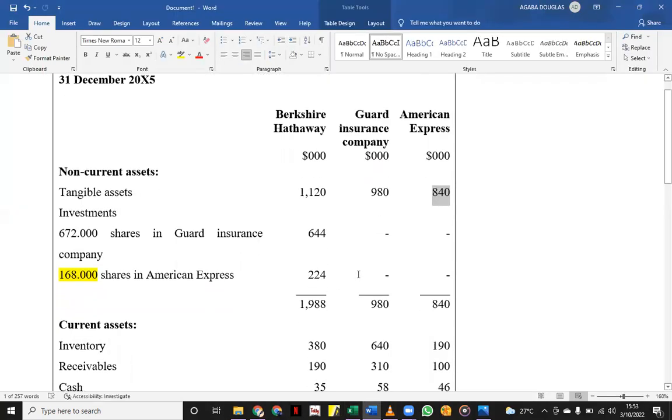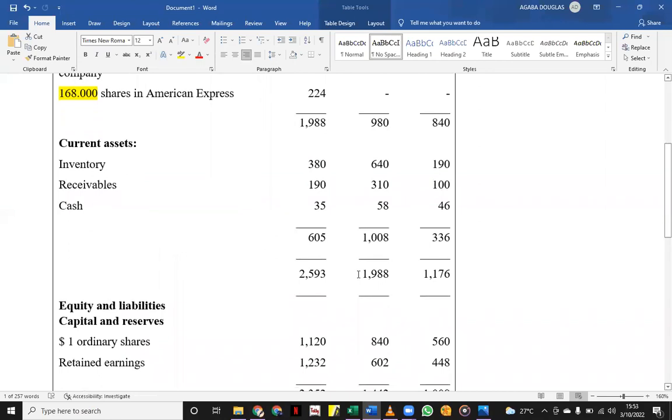So we will come and I will get to our current assets. So you are going to include the inventory, the receivables, and cash. So 380,000 plus 640,000 plus 190,000 plus 310,000, then plus 35,000, that is cash, and then plus 58,000 for their subsidiary.